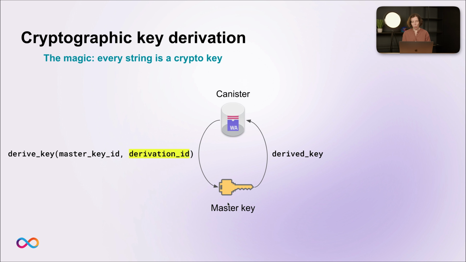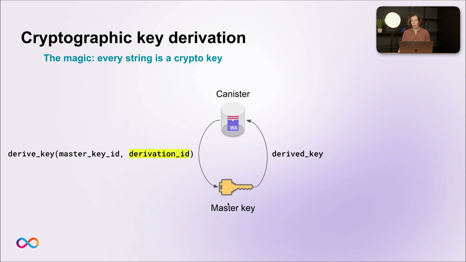So you want to call your derive key function with the master key. With this, you also send a derivation ID. This can be thought of as a password or something like that. So from the master key, you can then retrieve a derived key. This is a very simplified version, but this is how it works.